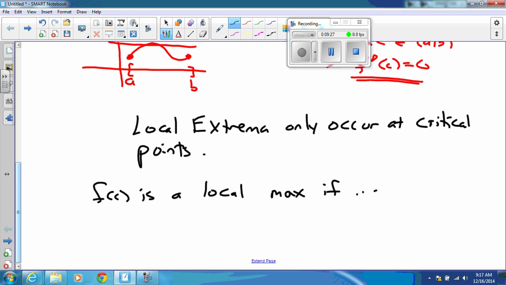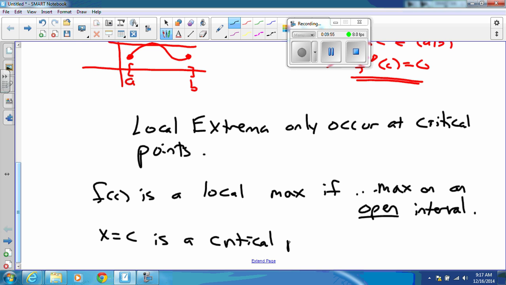Okay, but what is it that makes it local rather than absolute? It's on an open interval. On an open interval, that's exactly it. That's right, if it's a max on an open interval. I was trying to define max, and then I was going to put open interval. Yep, that's in the definition.